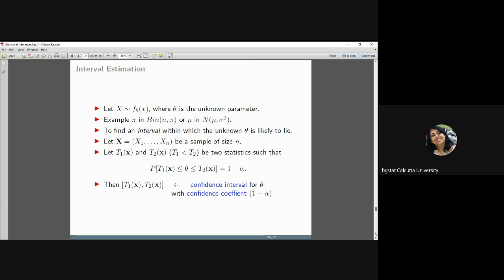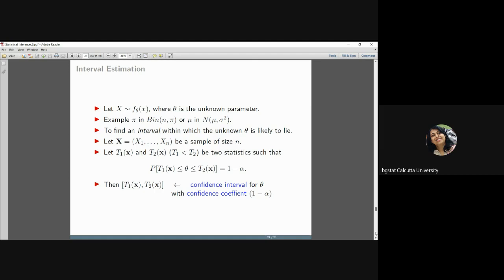So for my Bernoulli example, I won't report something like theta hat equal to half. I want to report a range of values that theta probably lies between this lower bound and this upper bound. The lower bound and upper bound are calculated based on the sample. So that is what this notation says here.